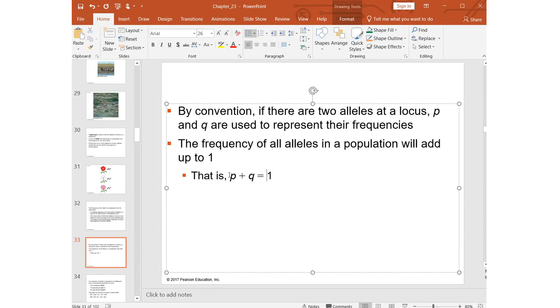It's like when a population is broken down by percentages, all those percentages have to add up to 100. In this case, these are proportions, and so all proportions have to add up to 1.